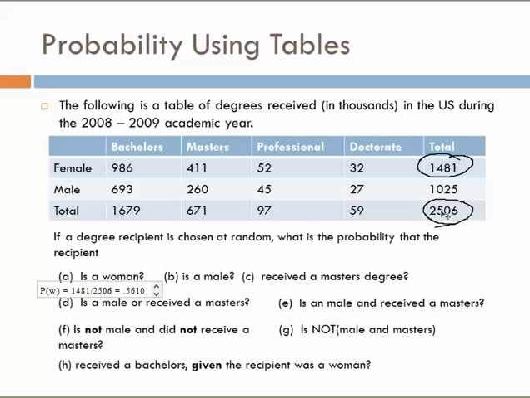For B now, let's see if I can remove this. Good. For B, we want to take into account the probability that it's a male, which of course is just the same as females, except now we're taking into consideration males. So there's 1,025 out of 2506.